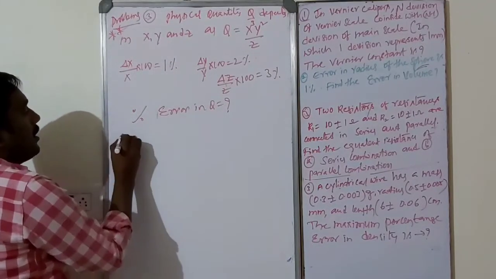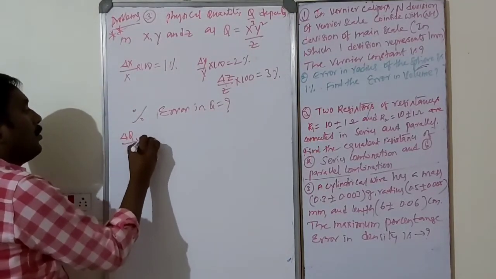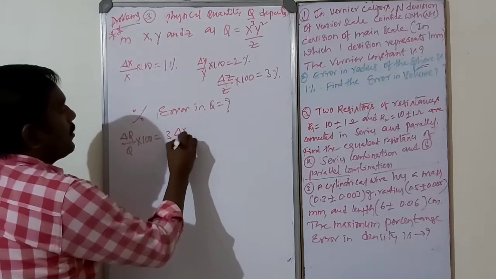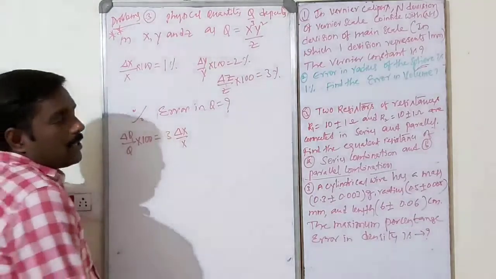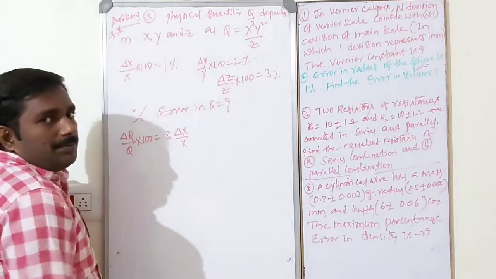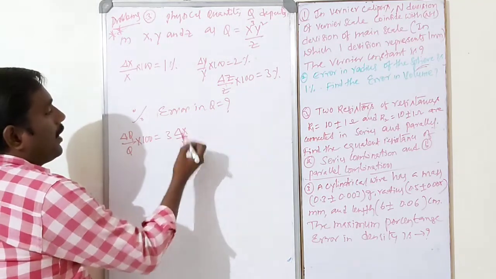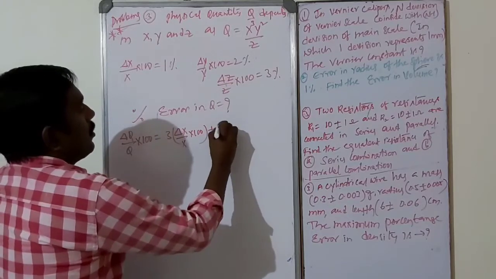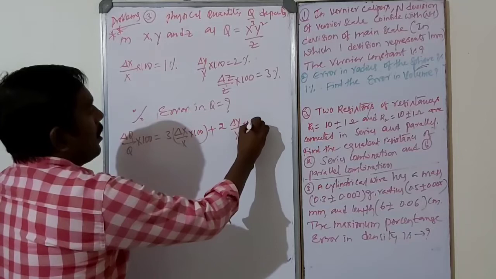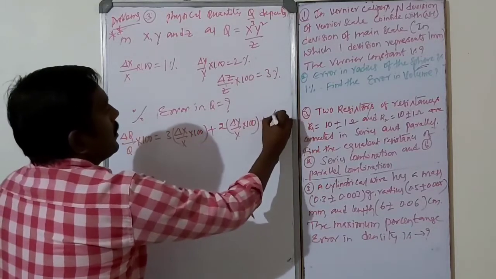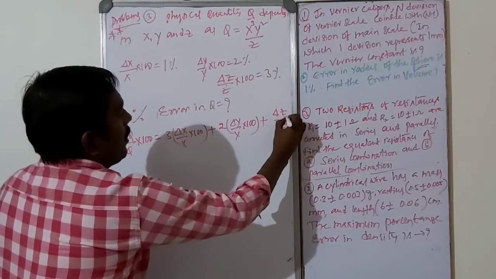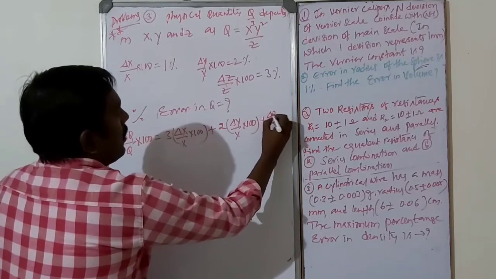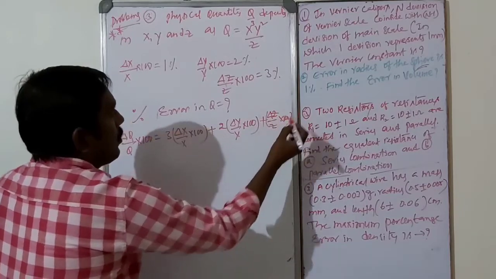Percentage error delta Q by Q into 100 is equal to, dear student, very simple, 3 delta x by x into 100 plus 2 into delta y by y into 100 plus delta z by z into 100.